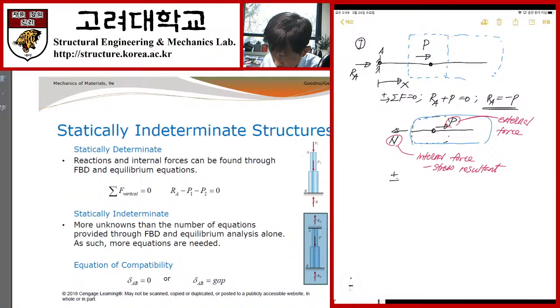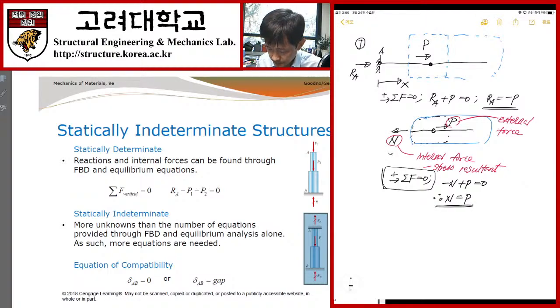The sum of force in this direction is equal to 0. Although the internal force itself is positive, for checking the force equilibrium, because this is the default positive direction for the force, this is minus N plus P is equal to 0. That's why we can conclude that my internal force is equal to P. Is it clear, right?